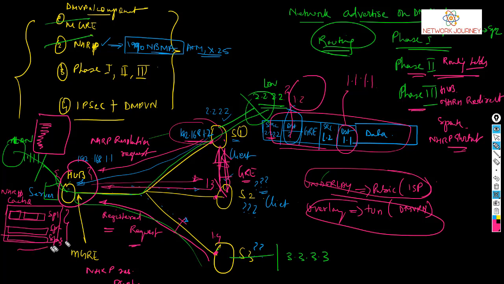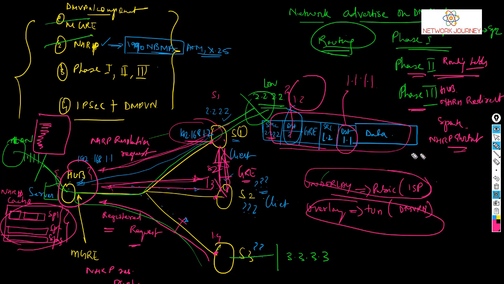It's not going to give the IP. Instead, it's going to reply back with the routing information. The routing information will be sent to spoke 1 as well as spoke 2. Now they both have the routing information to reach the other spoke.